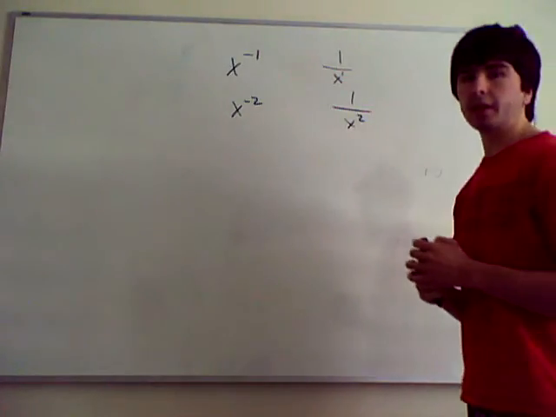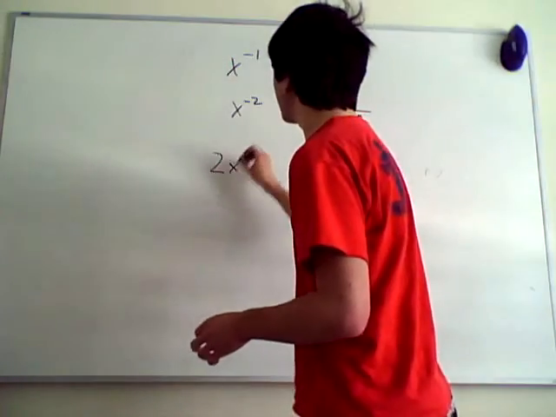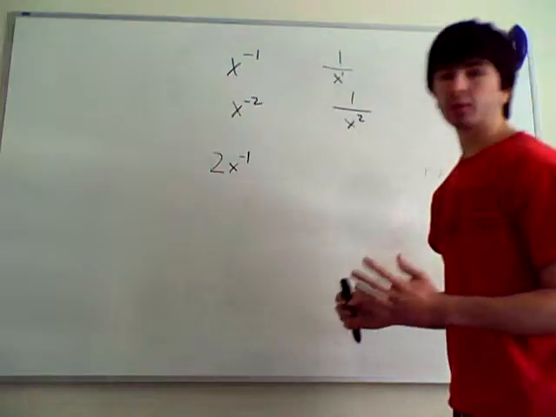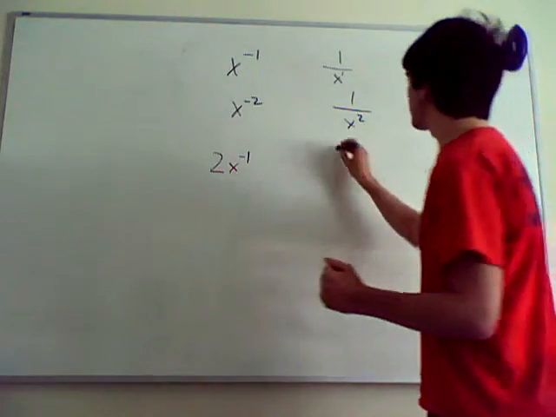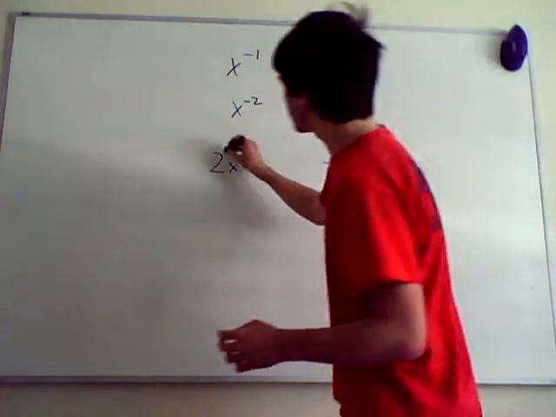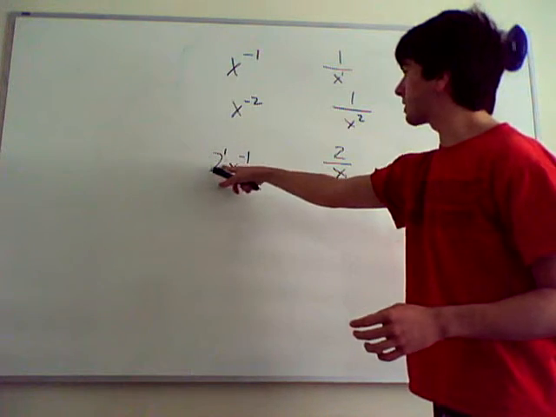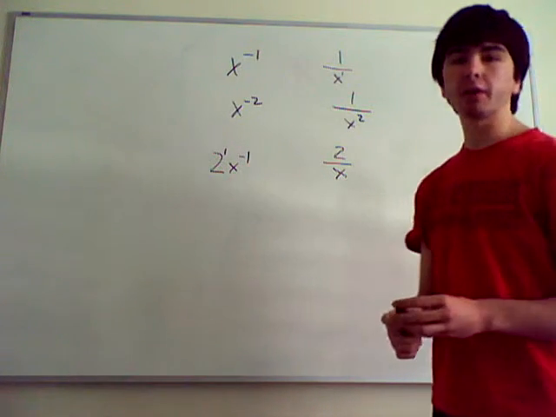Now, if you have 2x to the -1, for example, then that is 2/x, because the 2 still has a positive first exponent. Do not be confused because it is a number and this is a variable.